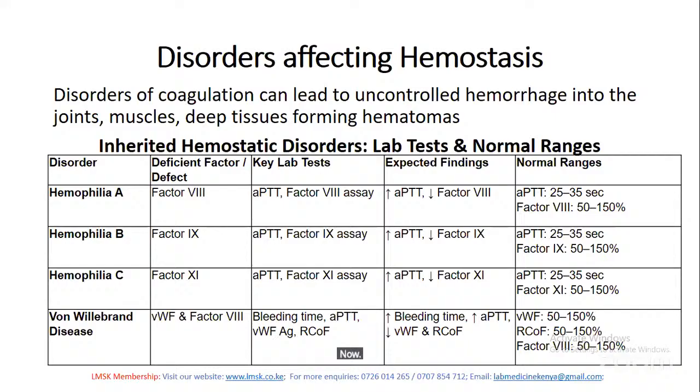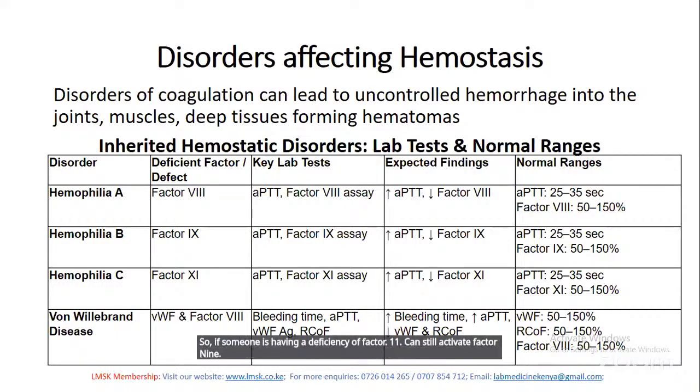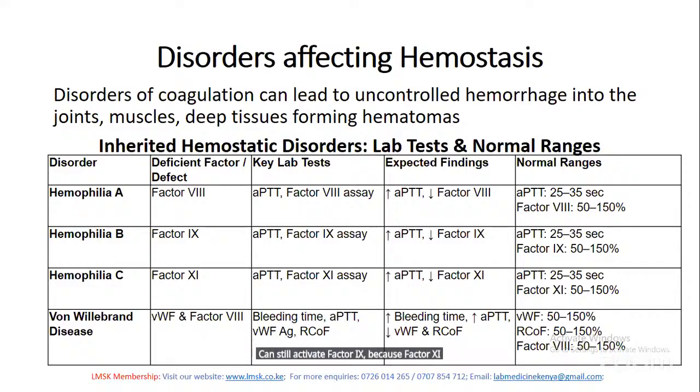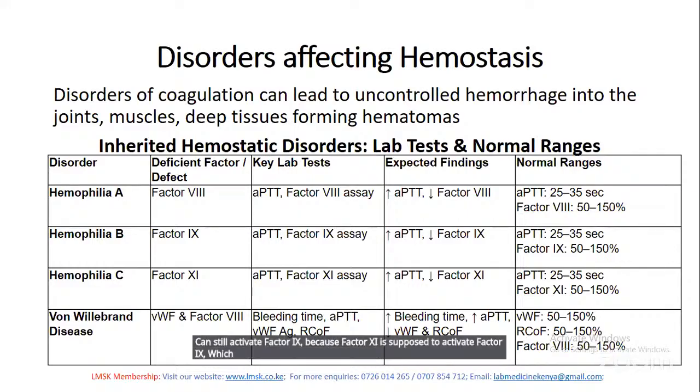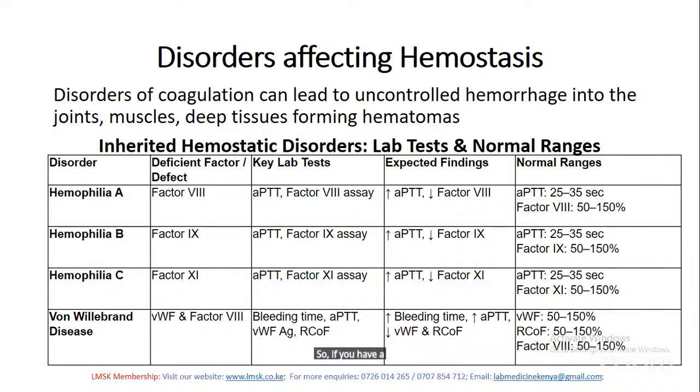Now, remember we said that activated factor 7 can activate factor 9. So if someone is having a deficiency of factor 11, can still activate factor 9, because factor 11 is supposed to activate factor 9, which further activates factor 10. So if you have a deficiency of factor 11, through the extrinsic pathway, activated factor 7 can still activate factor 9.